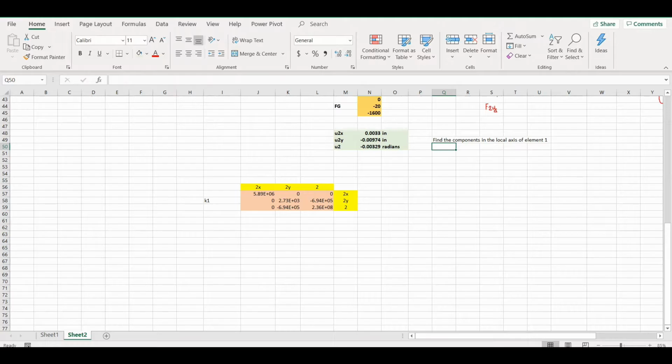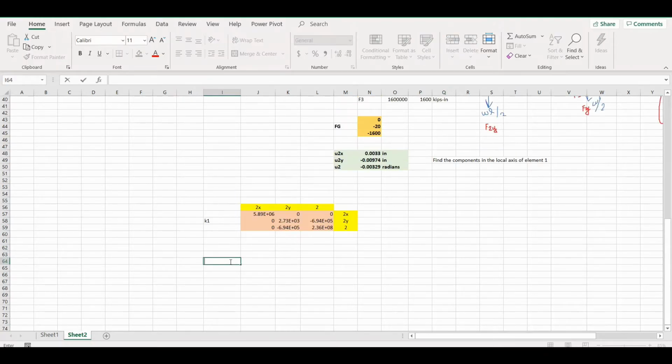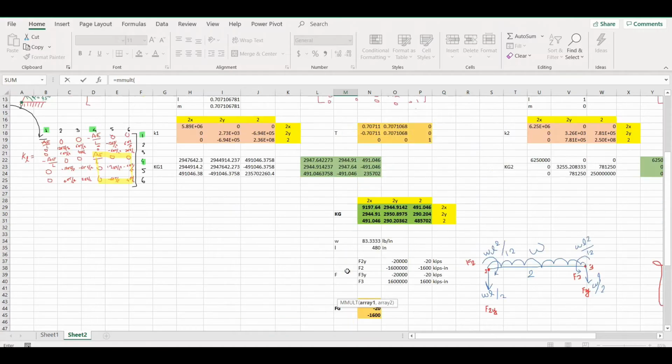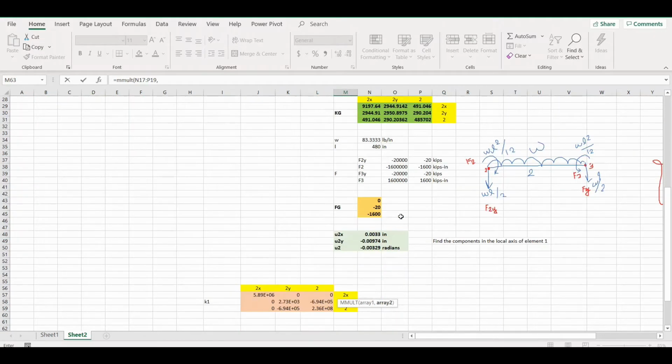To do that, we have our transformation matrix. The local displacements for element 1 at node 2, which is small u1, will be equal to the multiplication of the transformation matrix into your solution.